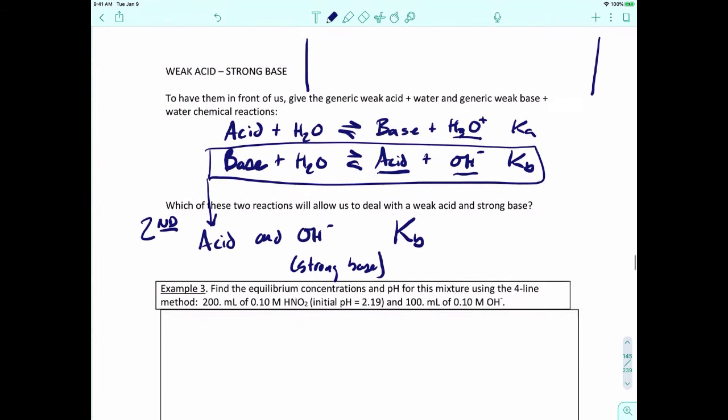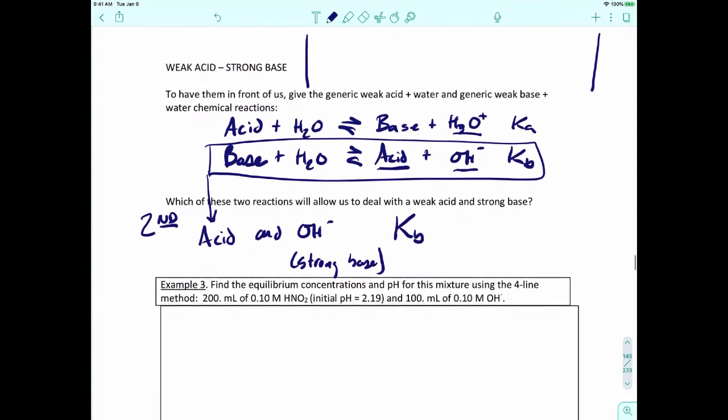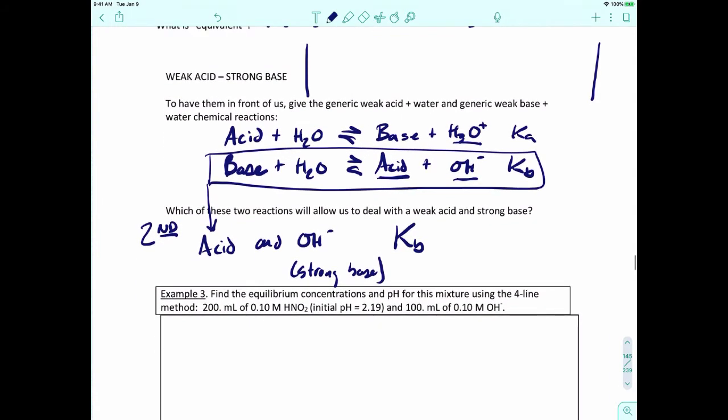So for these titrations, the way it's going to be set up, on the left hand side, you're going to have a base, your weak base, and you're going to have water. On the right hand side, you're going to have your weak acid and hydroxide ions, the strong base.